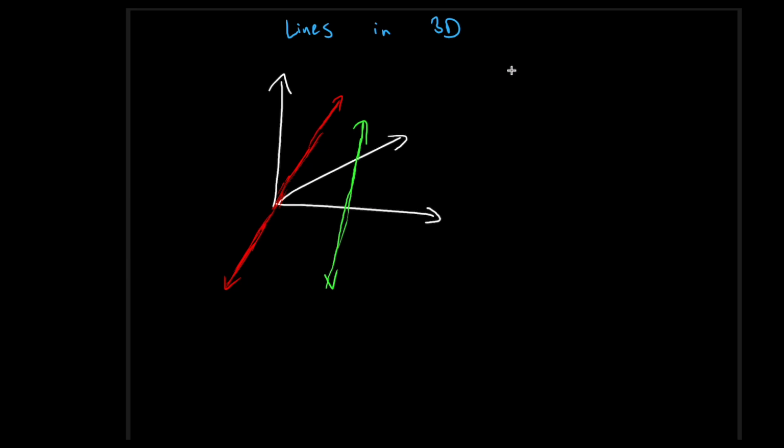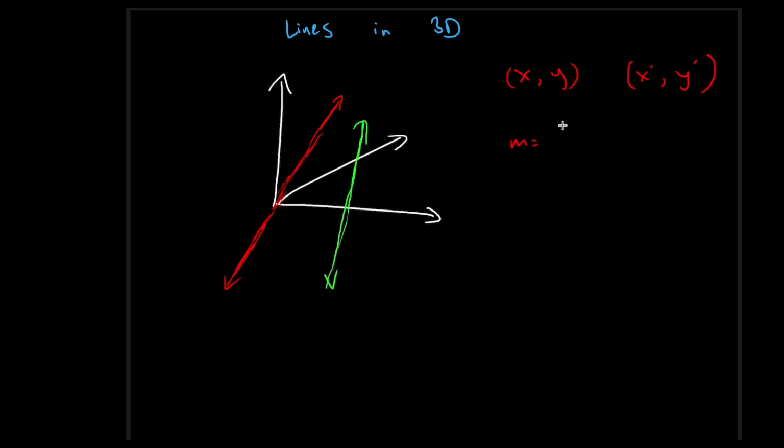Now, in a 2D plane, how do we write lines? We usually have an x and a y coordinate, and then we have another, I call it x prime and a y prime coordinate. And you can find the slope between these two.